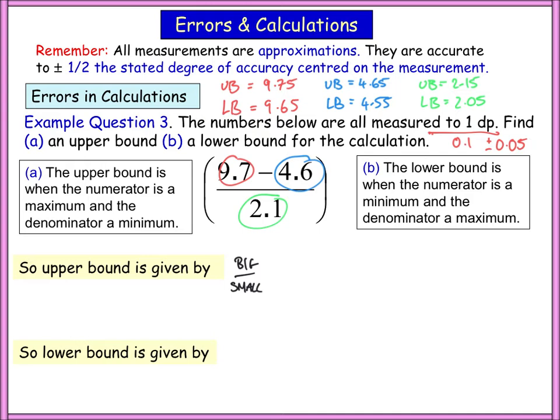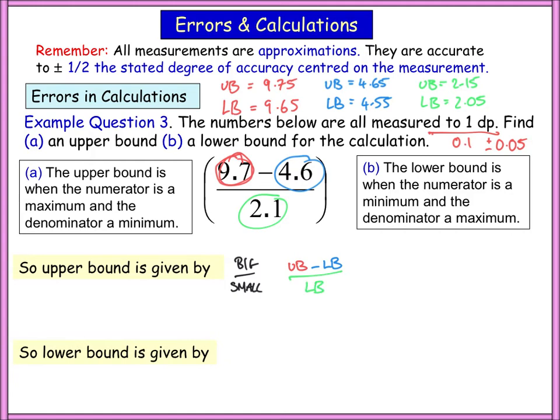Well, how do we make the top of that fraction big? I want a big number at the start, so I want the upper bound of the 9.7, and I want to take away from that something small to make the top as big as possible. So I'm going to take away the lower bound. And on the bottom of this fraction, we want it to be as small as possible, so we're going to use the lower bound.